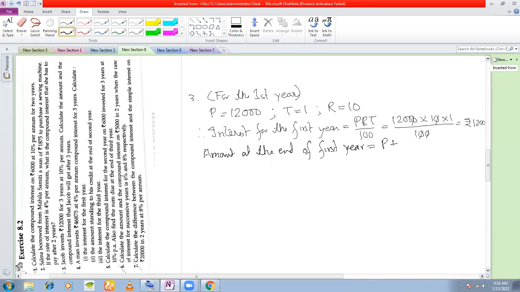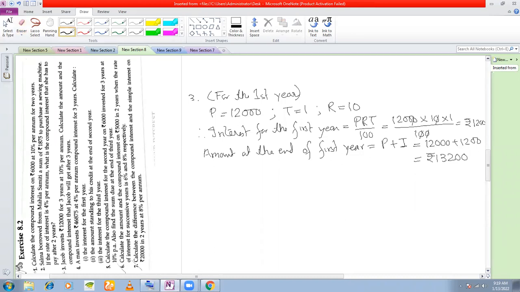Should be the principal plus interest, right? 12,000 plus 1,200, which is 13,200. This is the amount at the end of first year. Okay, so at the beginning of first year, he invested 12,000, and if suppose he withdraws at the end of first year, he will get 13,200. Okay, but he is not withdrawing at the end of first year, he is withdrawing at the end of third year. So now first year ends.